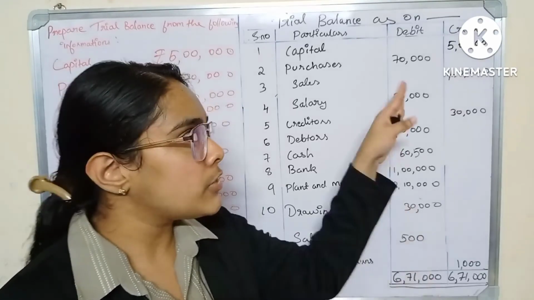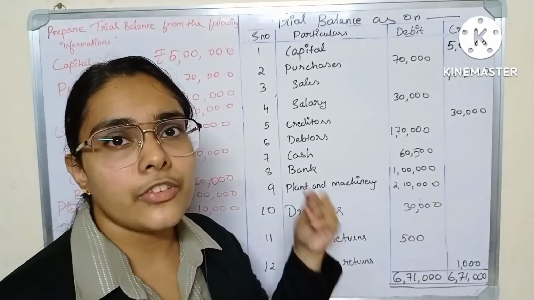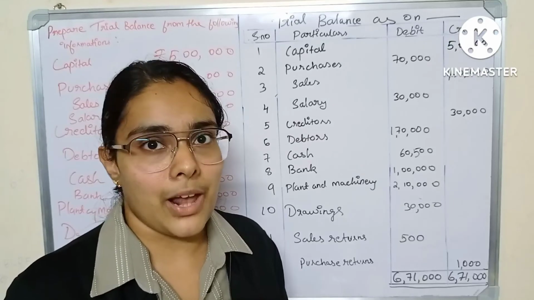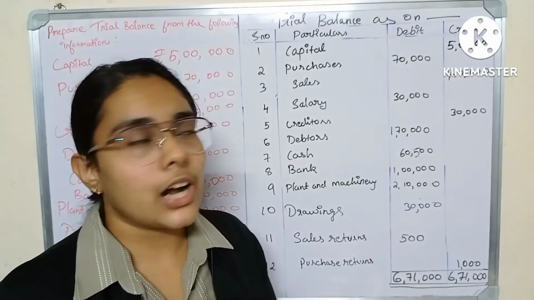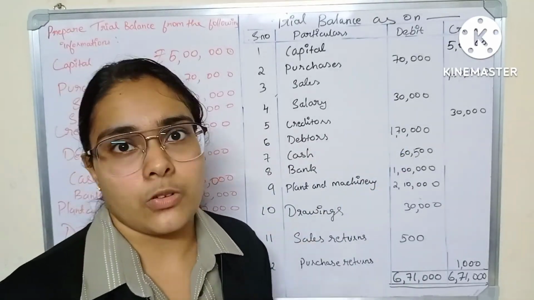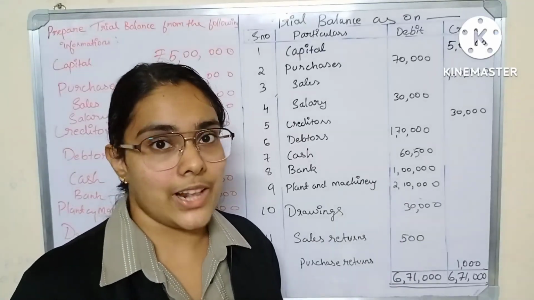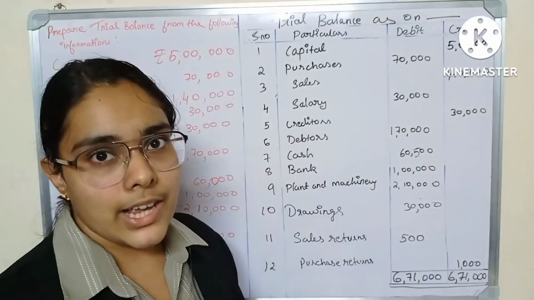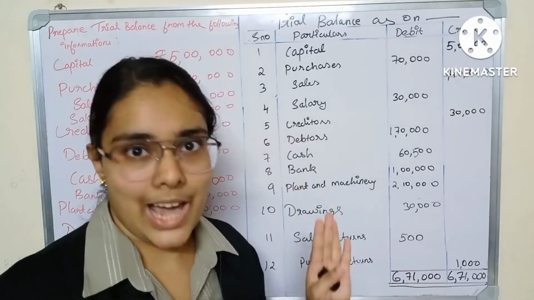The total of the debit column will be equal to the total of the credit column. If that does not happen, you have made some errors in preparing the trial balance. It may be while posting, or at the time of preparing the trial balance, so you will have to check it. The errors in trial balance we will discuss in the errors chapter in later sessions. For now, you must realize that the total of the trial balance will always tally.